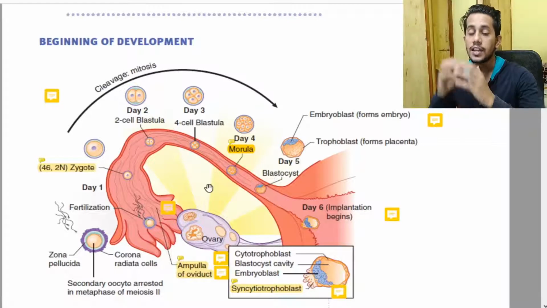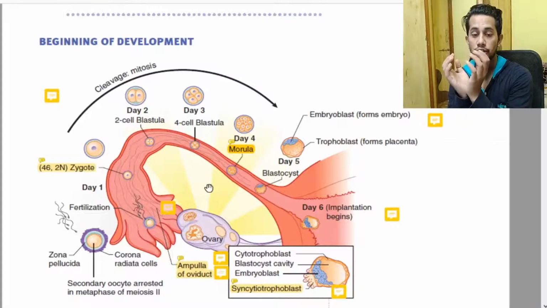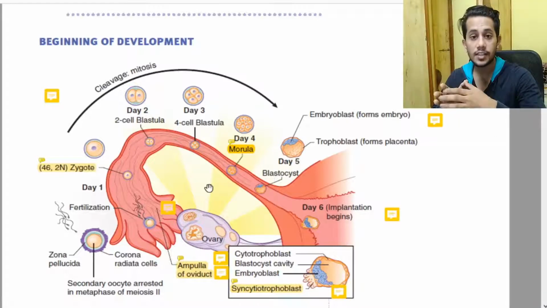All the cells just come together, regroup, and then they push each other to the side, and the majority of the cell cavity is filled by fluid.